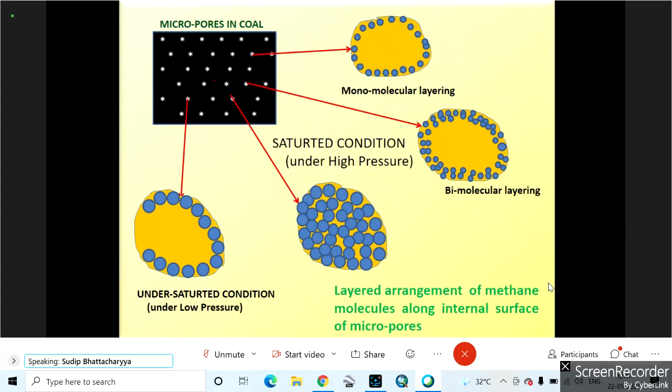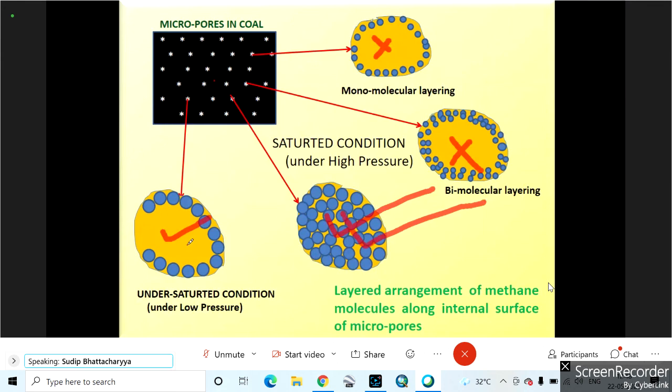Just see here the micropores in coal. This is a coal, and these white dots are micropores. Within these micropores, what happens? The methane molecules come in and become saturated there. A monomolecular layer is formed, then a bimolecular layer, until the total pore is saturated. Here it is almost half saturated, so it is undersaturated with methane molecules. Here it is totally saturated.